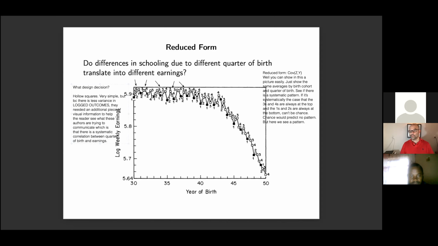This kind of fits Sasha's point too, that it's a little attenuated. The reduced form is not the same thing as the structural causal estimate. So again, what's the lesson? Pick design decisions that enhance the picture's readability.